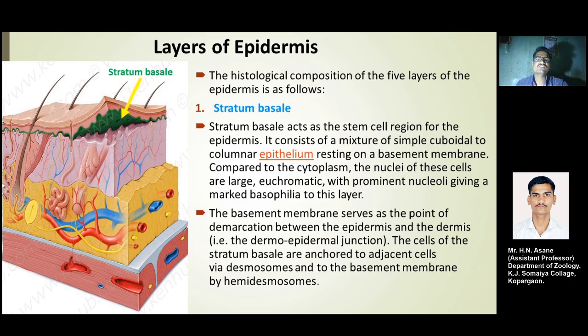The stratum basale acts as the stem cell region of the epidermis, and it consists of a mixture of simple cuboidal and columnar epithelial cells, resting on the basement membrane.